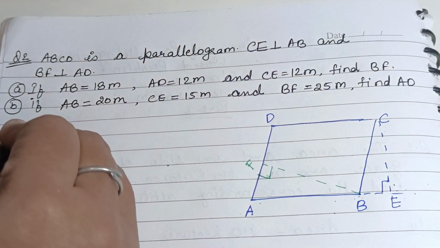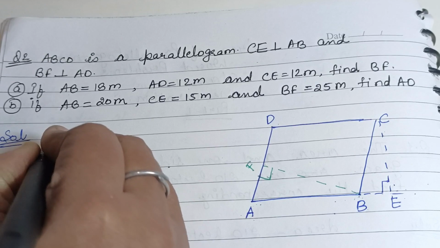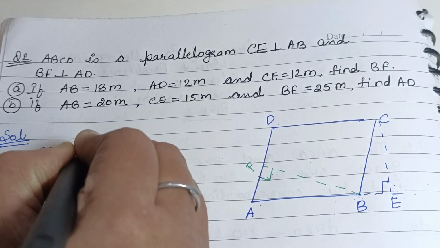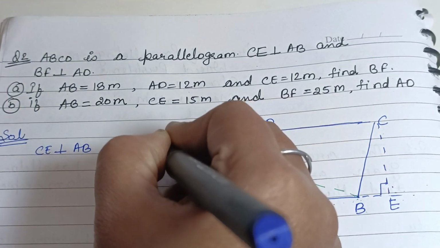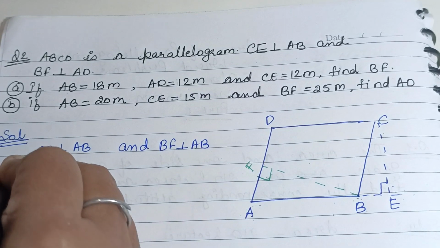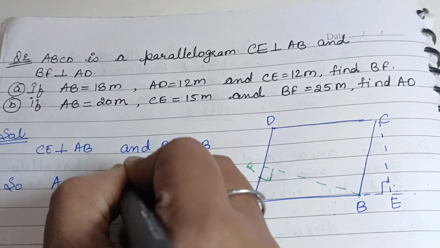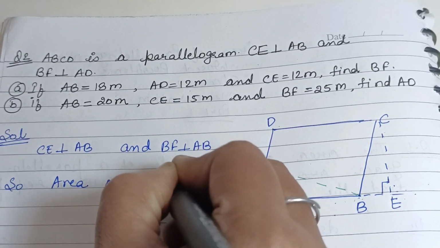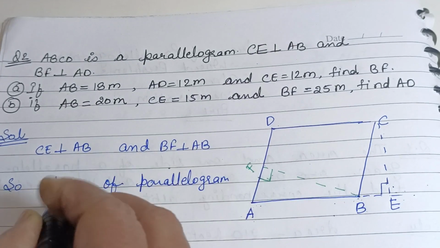So in the case of solution, at first write CE is perpendicular on AB and BF is perpendicular on AD. So area of parallelogram. Okay. So what it will come?